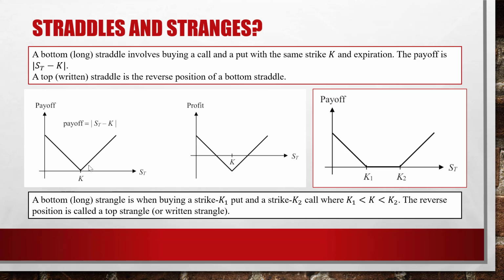And a bottom or long strangle is when buying a K1 put and a K2 call, where K1 is less than K, which is less than K2. The reverse position is called a top or written strangle.